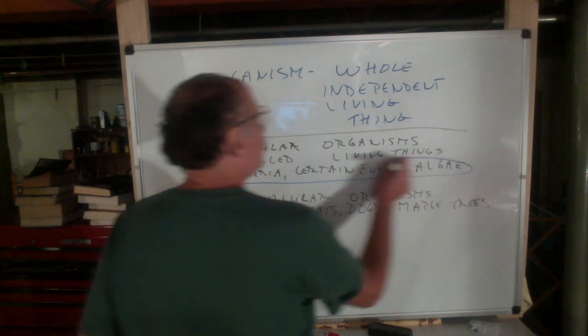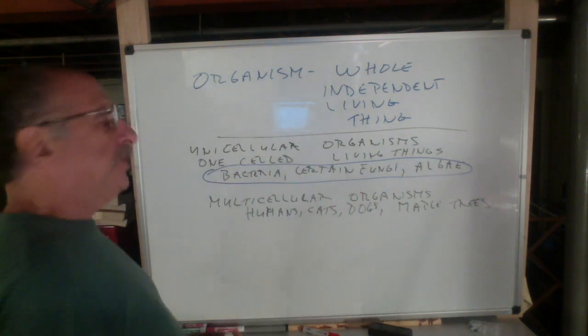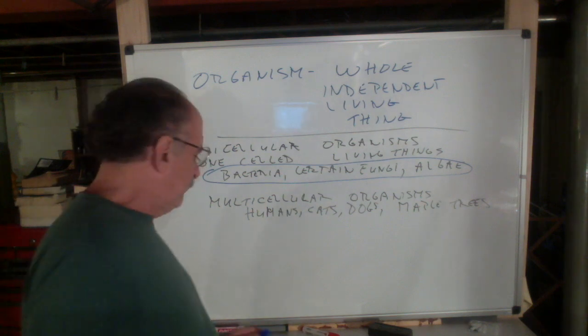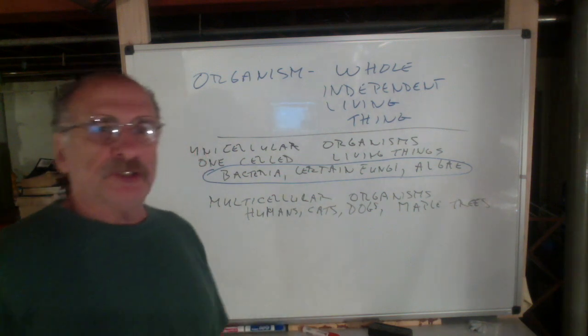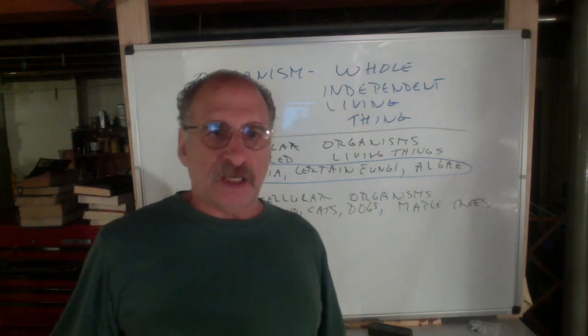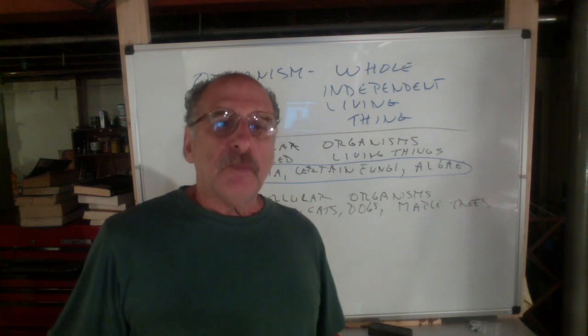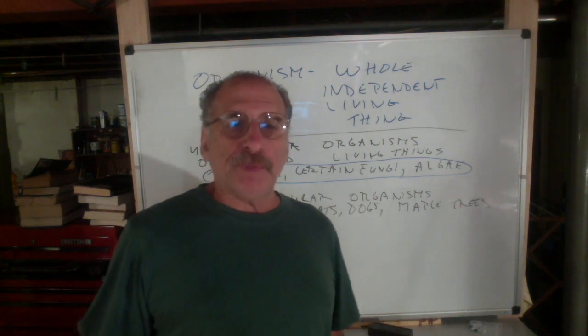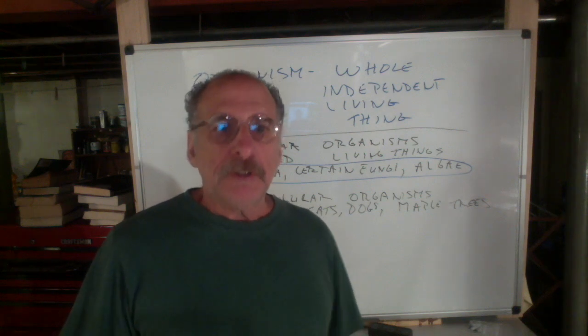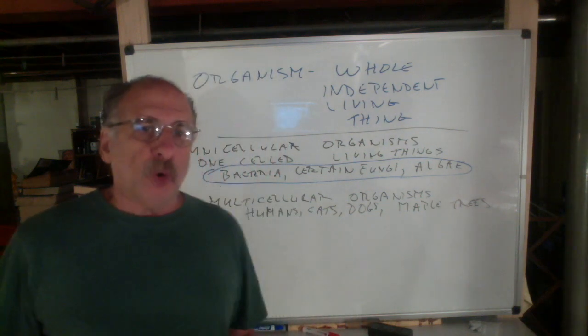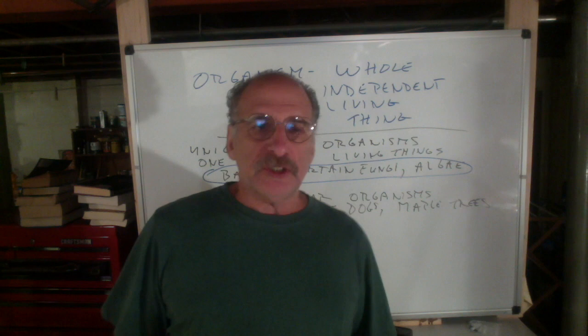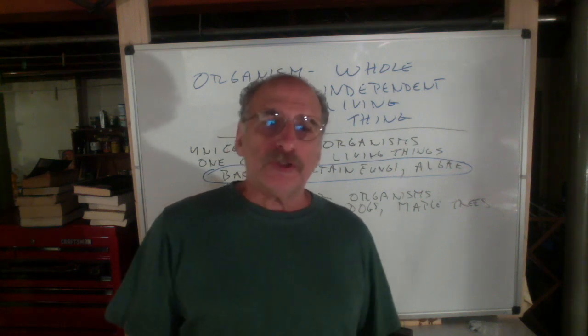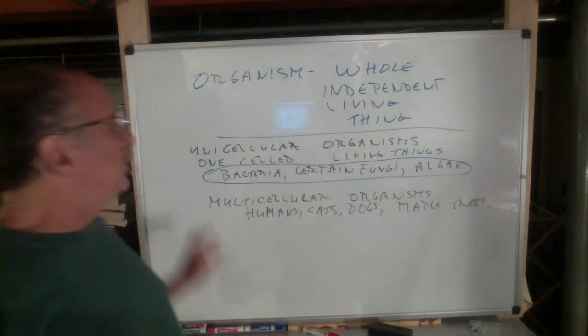There still could be bacteria, fungi, algae, and all of the, I'm going to guess, millions of other single-celled living things. But they would not be considered organisms if the definition for organism was a group of organ systems that work together.